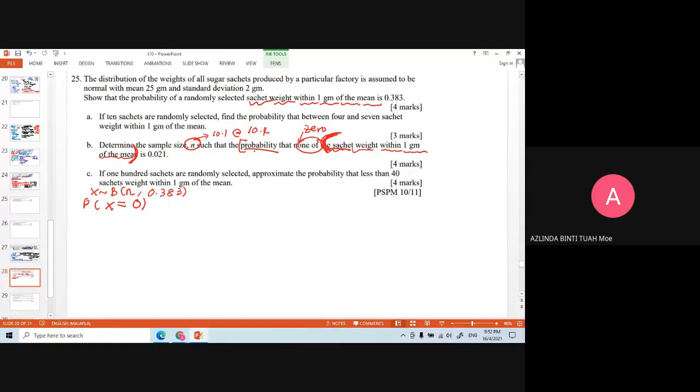Okay. Dah habis baca perkataan event, boleh teruskan baca is. Is sambung equal to 0.021.